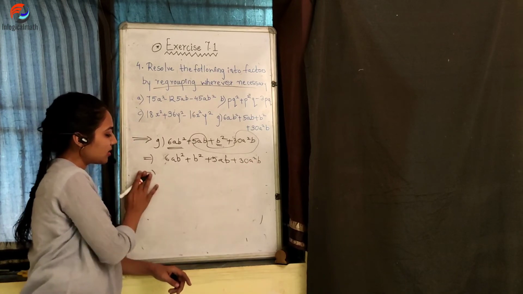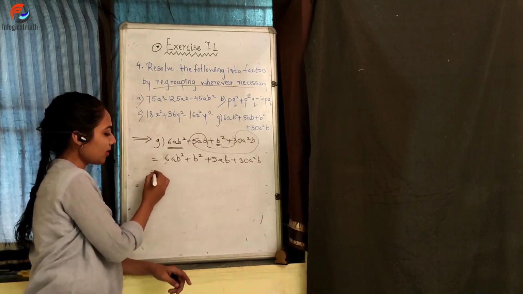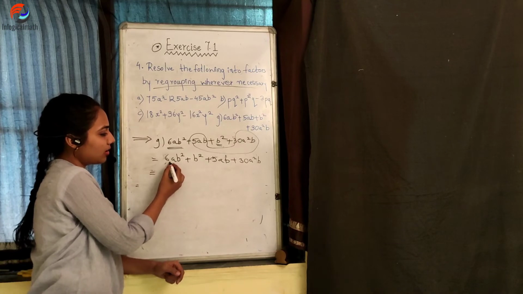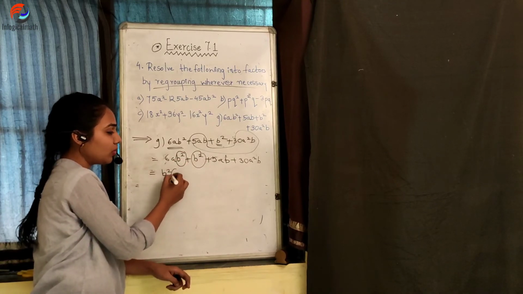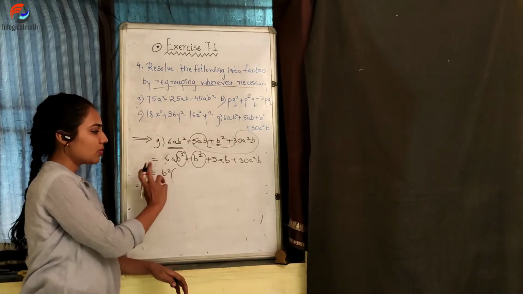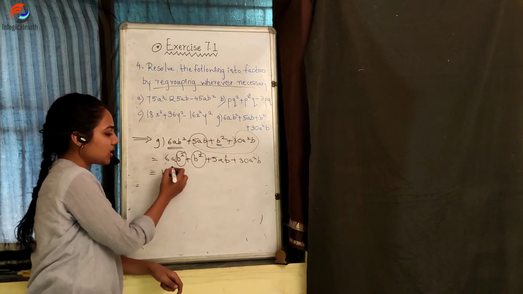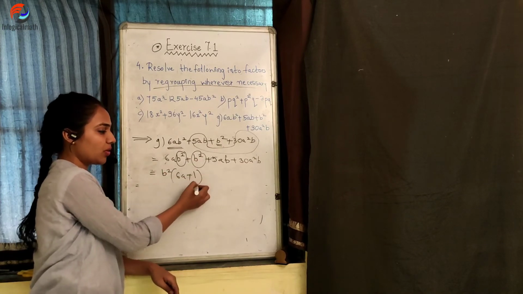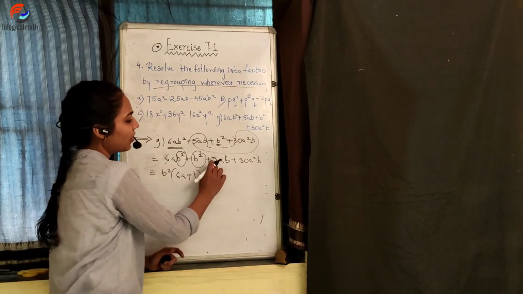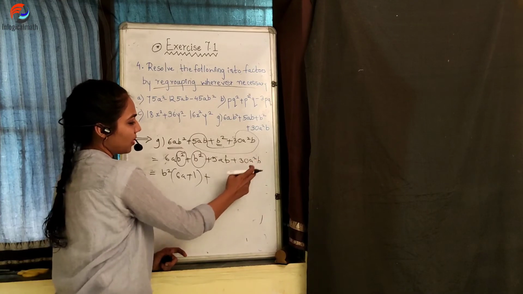Okay. So what you can see here is common. See, here b square is common. Here also b square. See, I am doing this with a different kind of method. B square is outside. So what remains? 6a plus sign remains, and b square is totally outside the bracket, so 1 remains. Plus now 5ab and 30a square b.